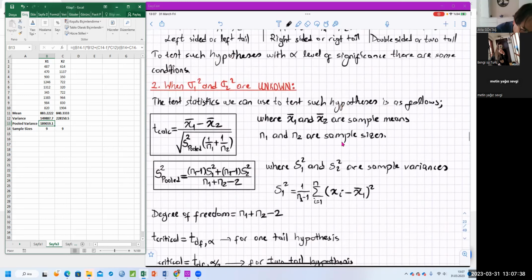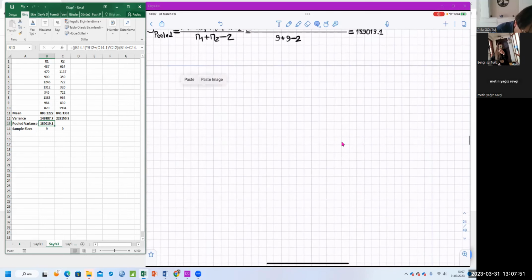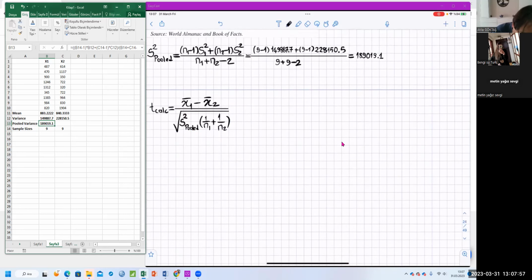I'm going to bring back the T-calculated statistics formula, copy this, and place it somewhere here. Let me substitute the result.